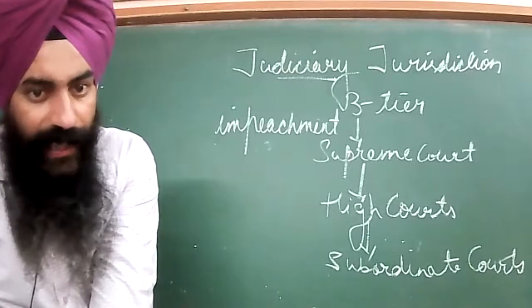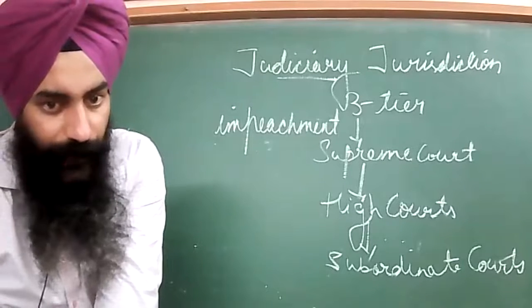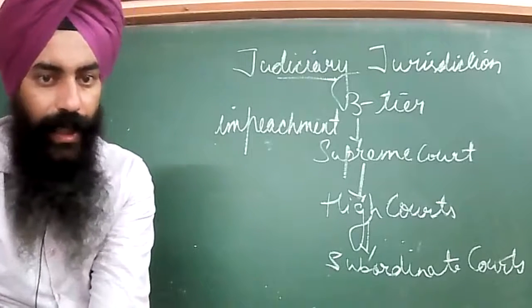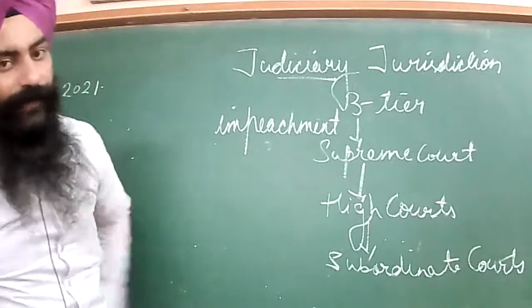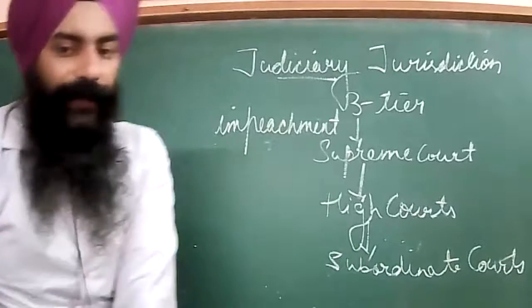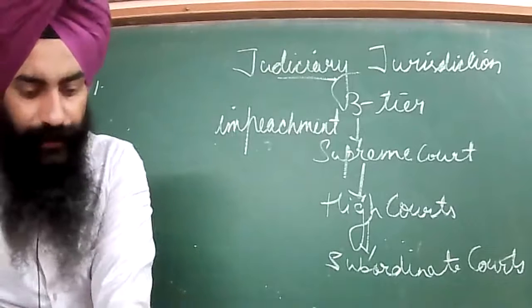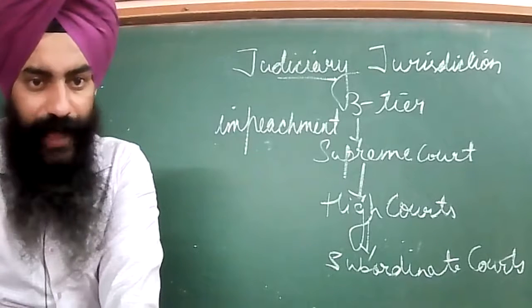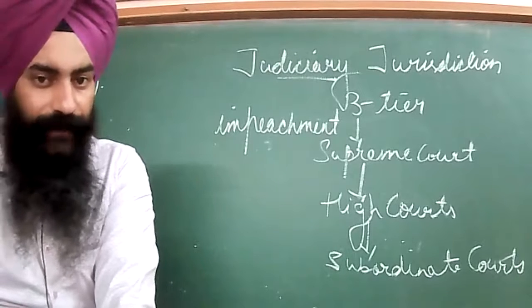Fifth difference: criminal cases are lodged on the basis of an FIR, First Information Report. The FIR is filed at a police station by the station in charge on the basis of the statement given by the witness.